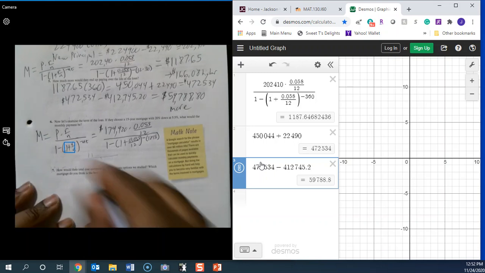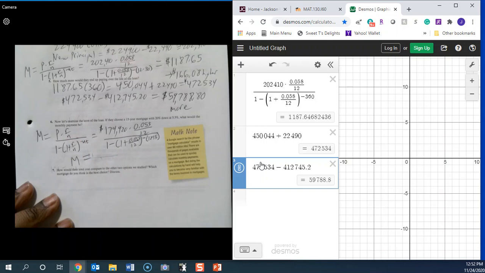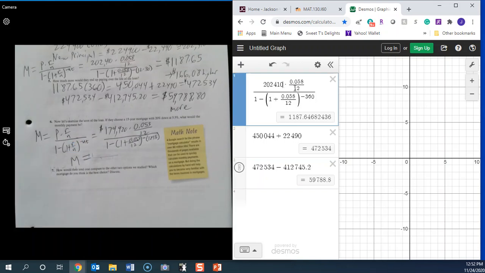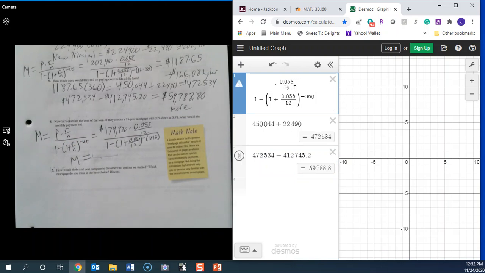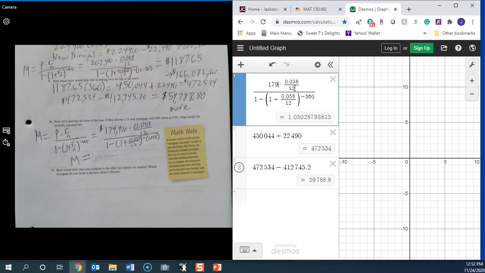Now we're going to put this in our calculator. Now remember, since we're using the same formula, we could just substitute in some of the values. So we have $179,920, and then our rate would change to 5.5%.